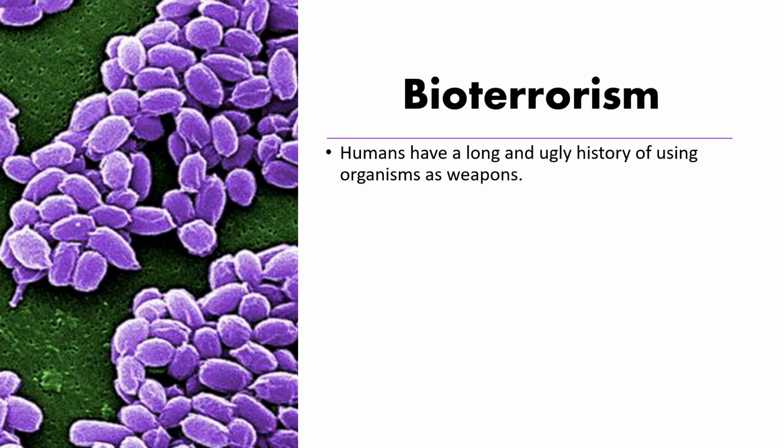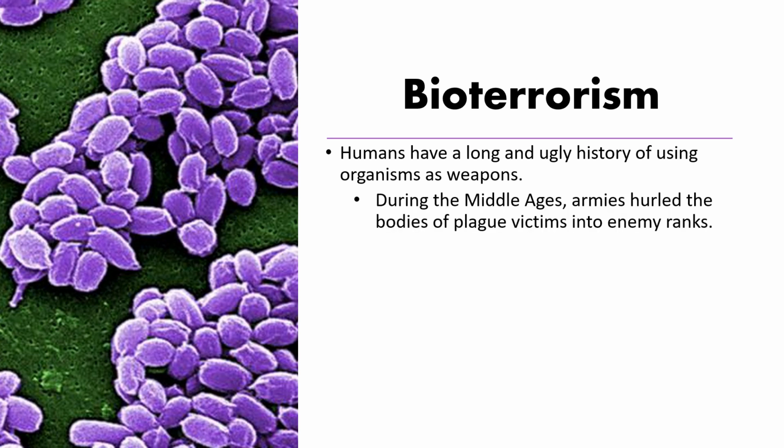Many people didn't understand exactly how this was happening, but they were using what ended up being bioterrorism to kill other people. So during the Middle Ages, armies would take plague victims and throw them into the enemy ranks.